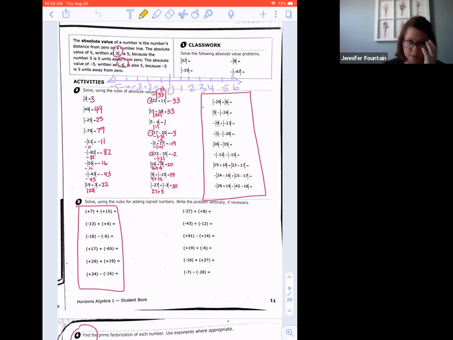So if you have subtraction, change it to addition, and then take the opposite sign of the number that follows. Any other questions on activities 3? All righty. Then our next assignment was activities 4 on page 12.